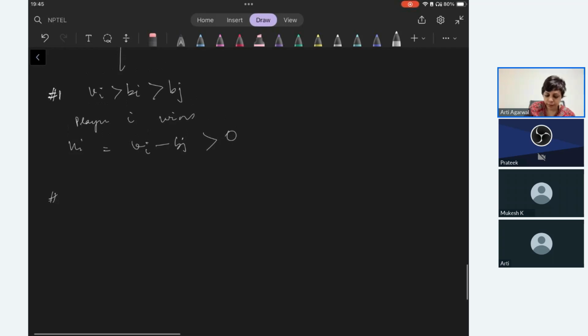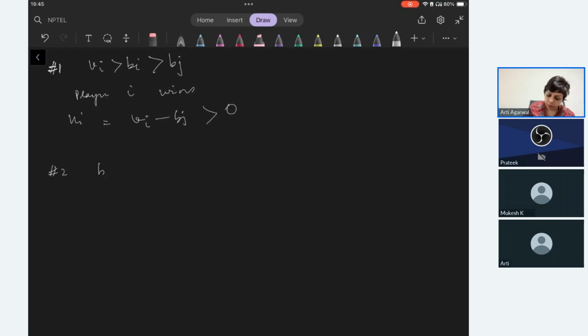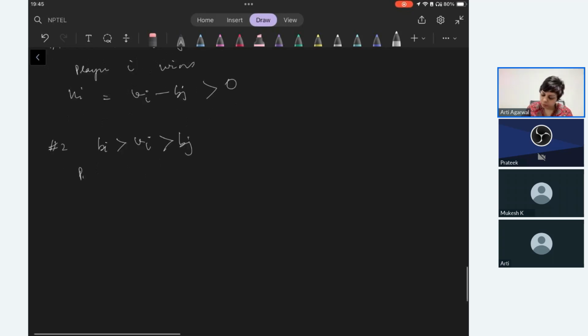Then there is a second case where bi is greater than vi, which is greater than bj. This is an important one, where player i is bidding more than his or her valuation, but is still winning and is paying bj. Again, player i wins and ui is still vi minus bj, and it is still positive.